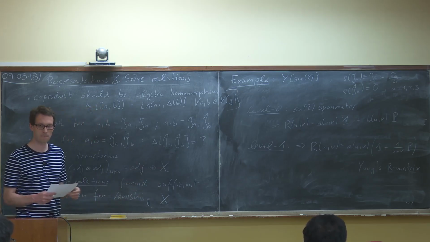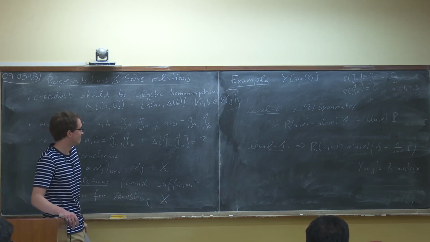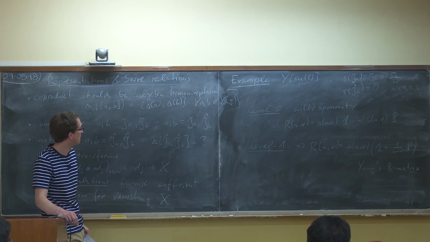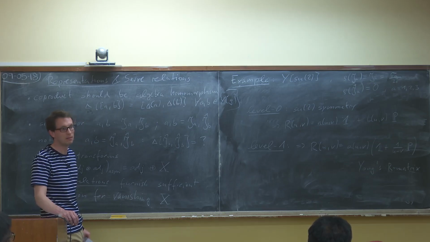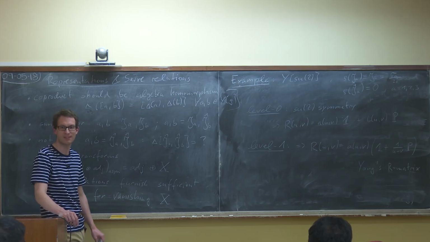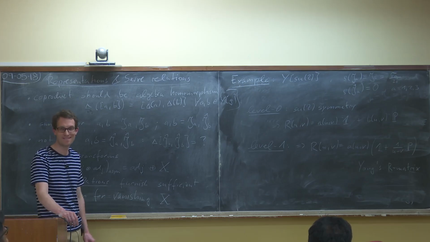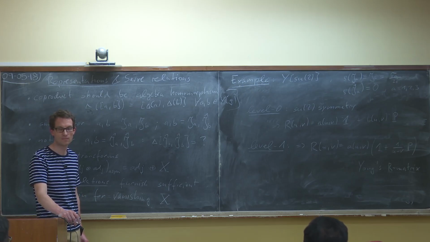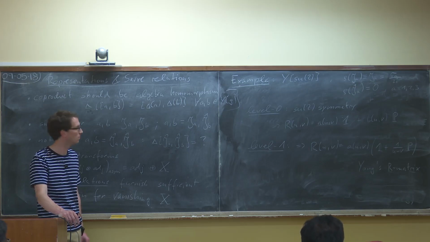Why do you insist that the level 2 generator has to be an X? Well, I guess this is part of the Yangian, right? I understand, but what required me to have the second level generator to be in X?